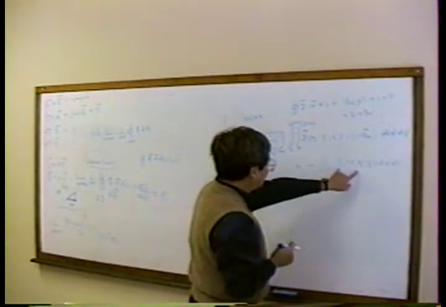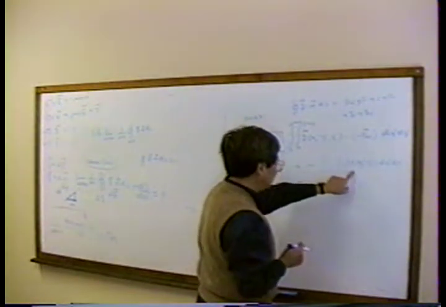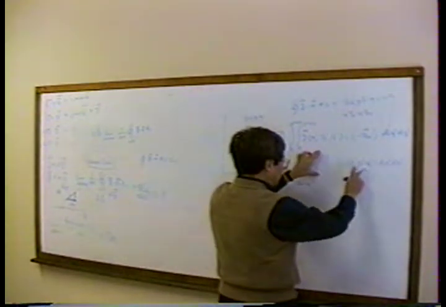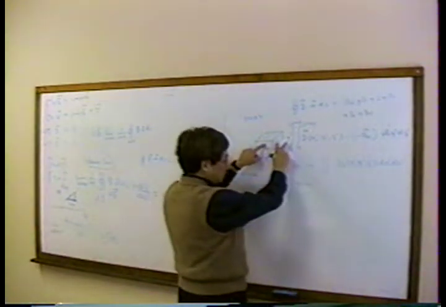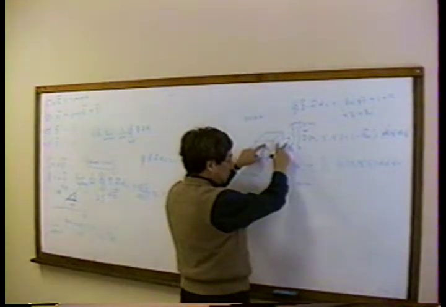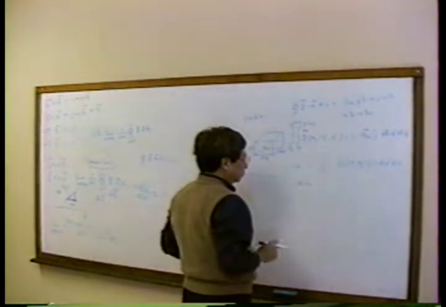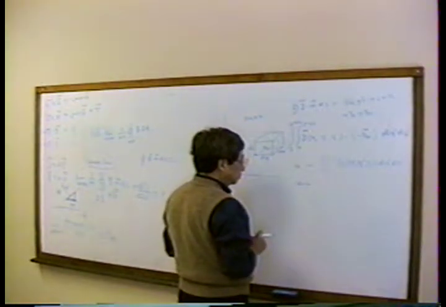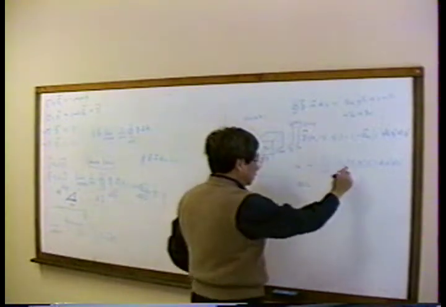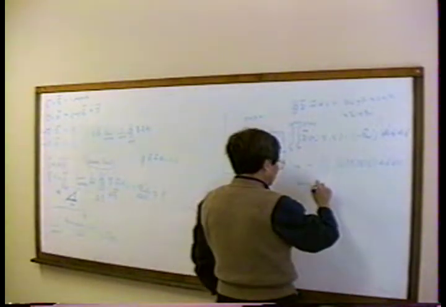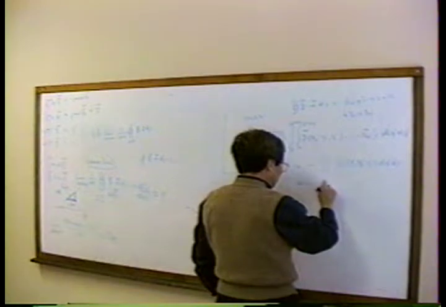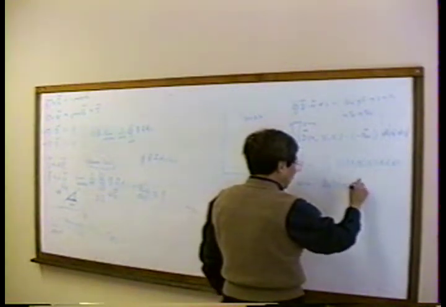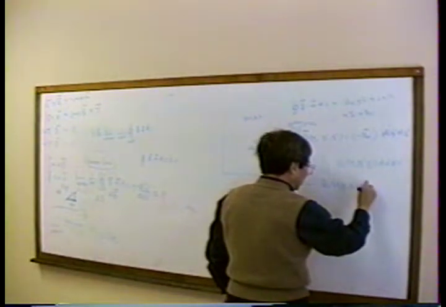This is the y prime integration. If this doesn't change between here and here, this simply becomes D_x(x, y, z) times delta y delta z.